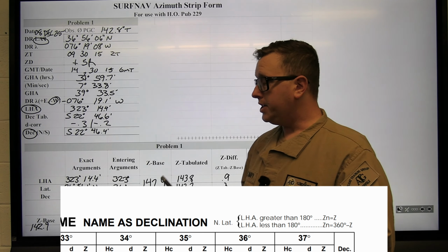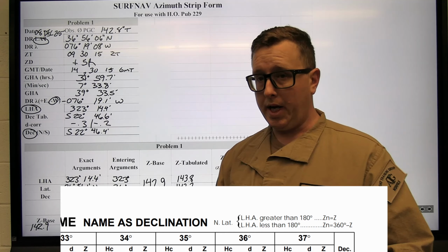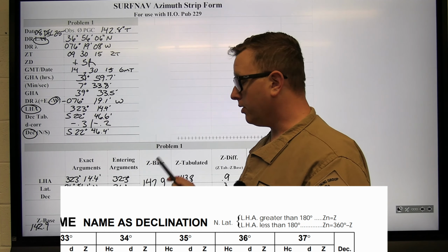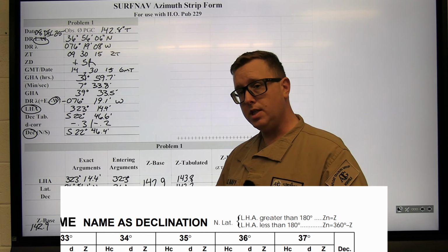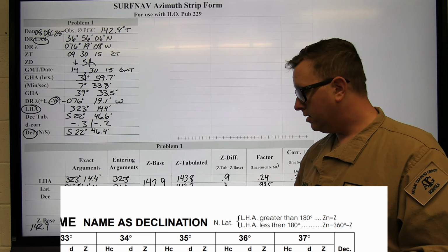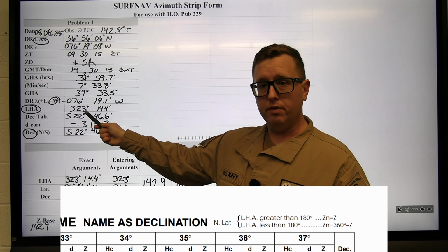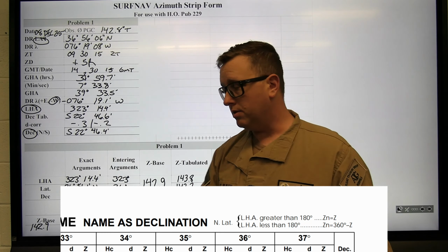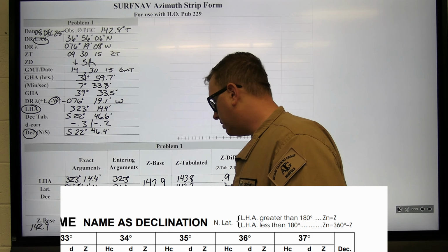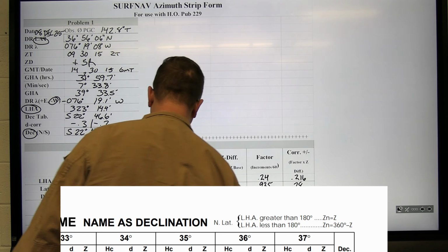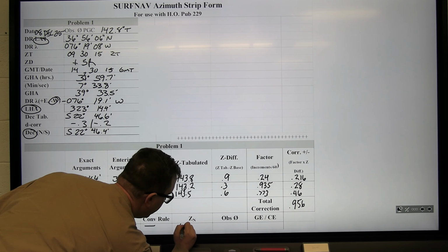If your LHA is below 180, you'll take 360 minus your Z, and that will equal Zn. Now, since our LHA is well over 180, there is no conversion rule. Z equals Zn. And just write it in.